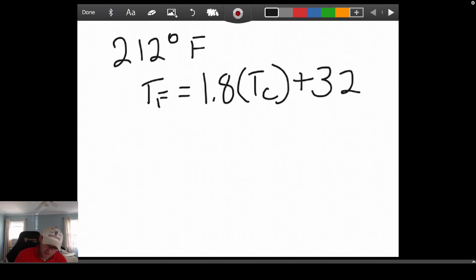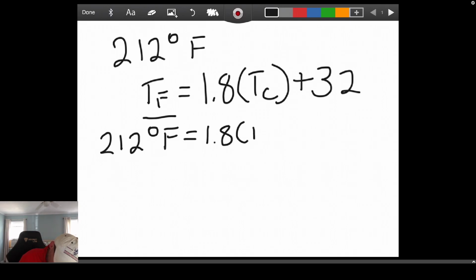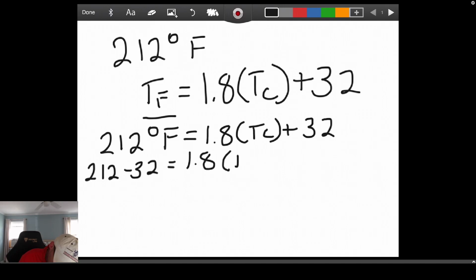Now I need to solve for TC, so let's fill in our degree value: 212 equals 1.8 TC plus 32. Now I want to subtract 32 from both sides, so 212 minus 32 equals 1.8 TC. Divide both sides by 1.8.